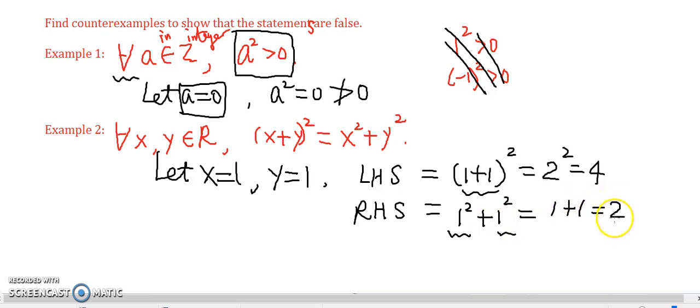And now we add them, we get 2. As you can see, the left-hand side is not equal to the right-hand side. So you can say, for these two values, 1 for x, 1 for y, this equation does not hold. So that's a counterexample. There are lots of others, and you just need to pick some.